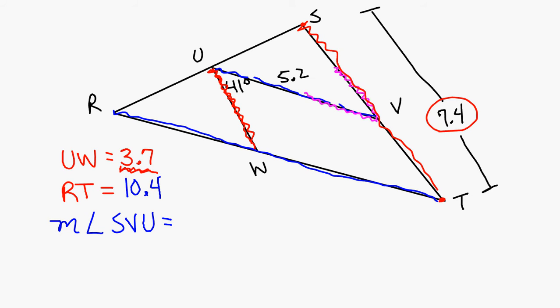The 5.2 was right here. This piece is 5.2. They asked for R to T. So R to T is going to be twice as long as the 5.2. So 5.2 times 2 is 10.4. S to V to U, that was this angle right here.